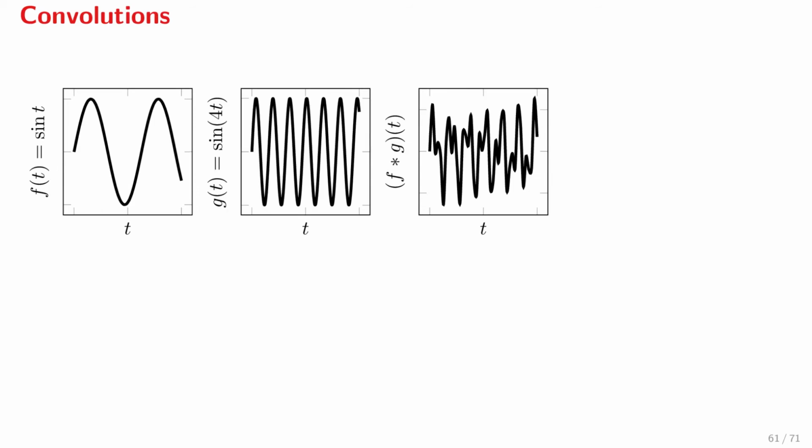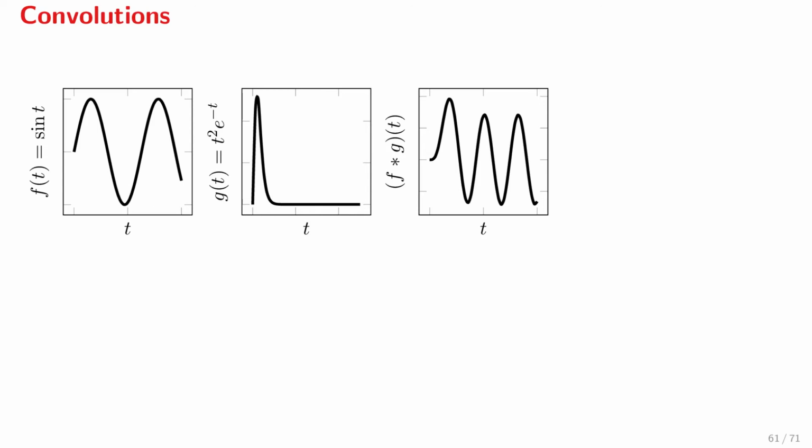Or take a sinusoidal function, take a sine, and take another sine of a different frequency. So it is like we are mixing the two functions, right? So the result has both frequency components, both the slow one and the fast one. Or take a sine of t and t squared times exponential of minus t, a function that has a graph that goes up and then converges to 0.